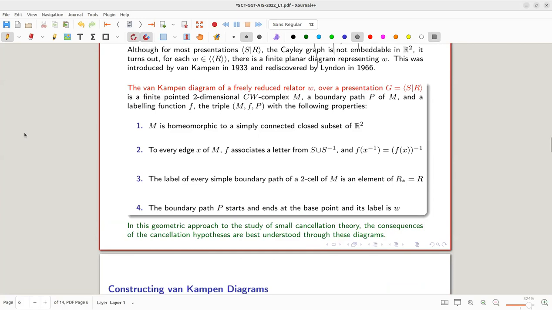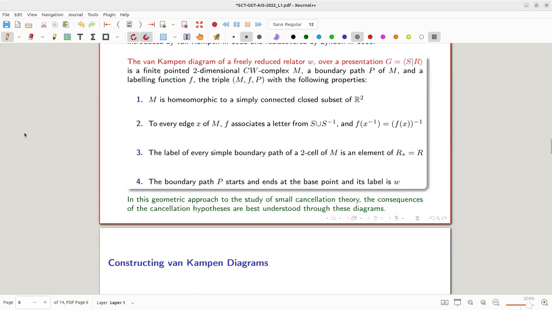A Van Kampen diagram of a freely reduced relator W over a presentation G is a finite, I mean, it has finitely many vertices, edges, everything, pointed two-dimensional CW complex M, a boundary path of that two-dimensional complex M, and a labeling function, a function which assigns labels to all the edges. So a Van Kampen diagram is essentially a triple like that.